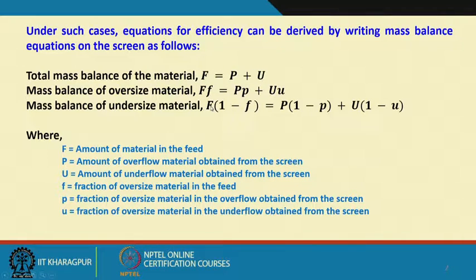So, capital F multiplied by 1 minus small f, because we are writing it in fractions, is equal to capital P into 1 minus small p plus capital U into 1 minus small u, because the remaining will be your undersized material.